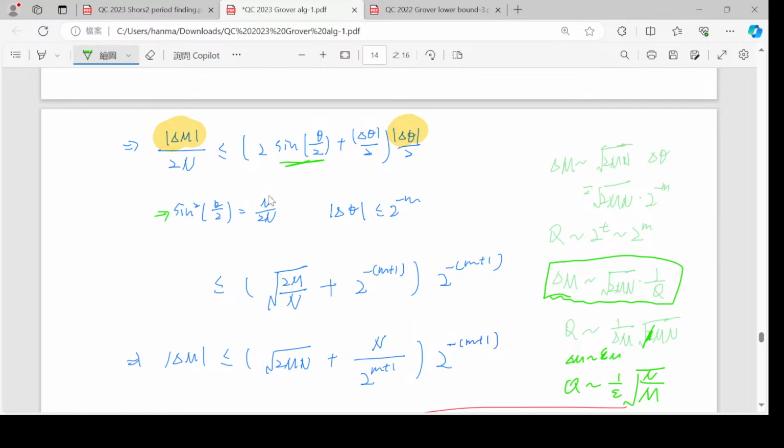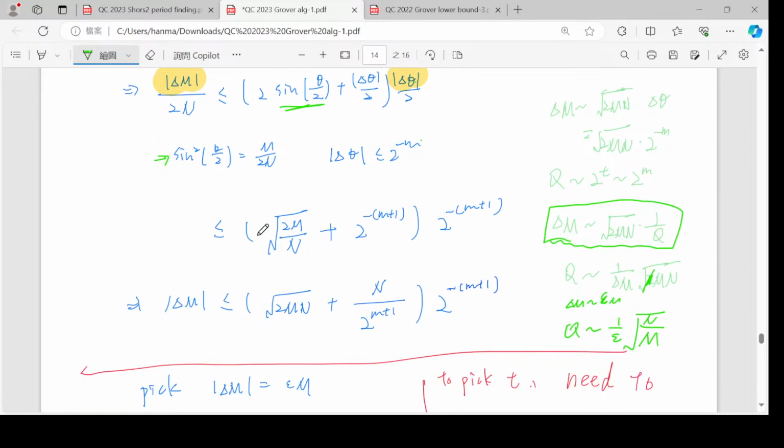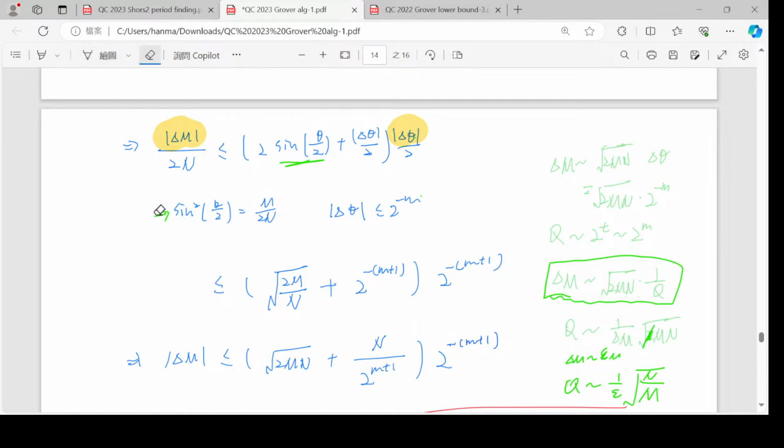Now the sine part is square root of m over 2n, but you put the 2 inside, so square root of 2m over n. And the delta theta becomes 2 to the minus m, and you divide by another 2, so it's 2 to the minus m plus 1. And then finally you multiply this 2n to the other side.